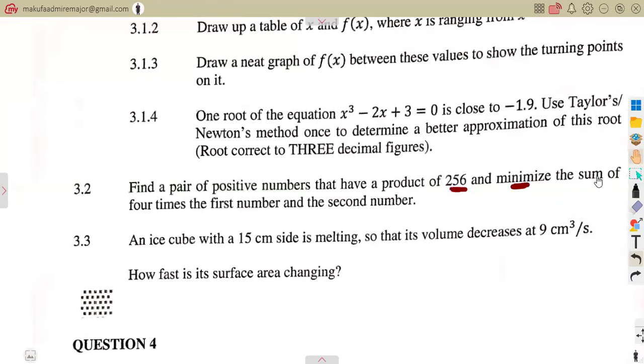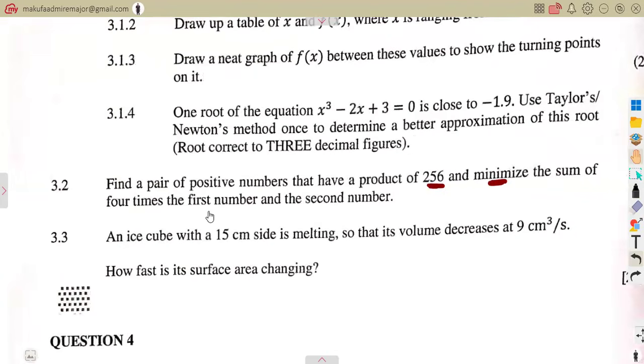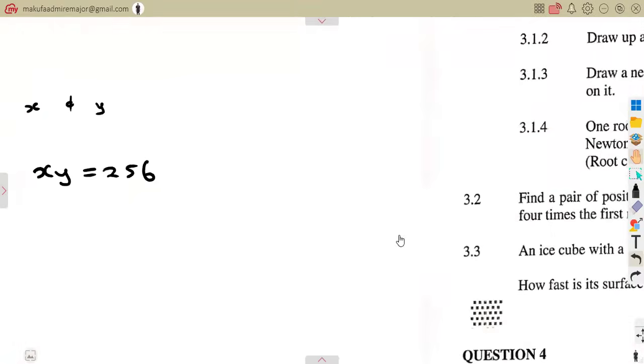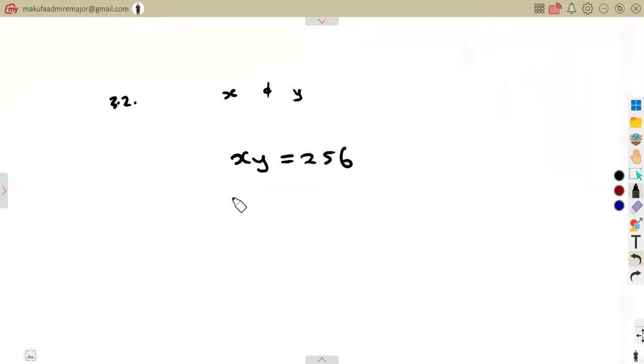And minimize the sum of 4 times the first number and the second number. So there's a sum there: 4 times the first number plus the second number. If this is our first number, this is our second number.